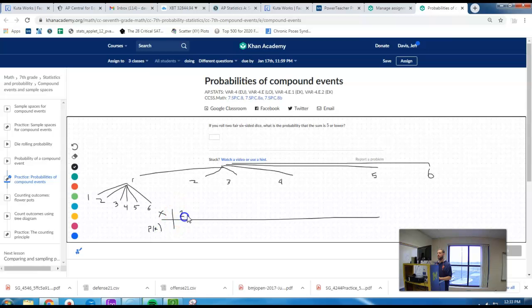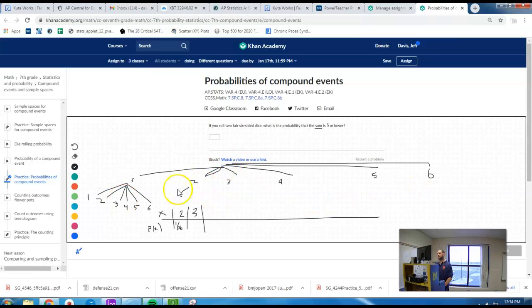And we could start to make this list of, okay, what's the probability the sum is 2? Well, if the sum is going to be 2, I've got to get a 1 and then a 1. There's one way that can happen out of 36 possible things that could happen. What about a 3? I could get a 1 and a 2, or I could get a 2 and then a 1.